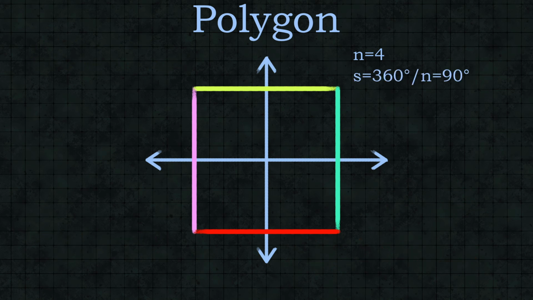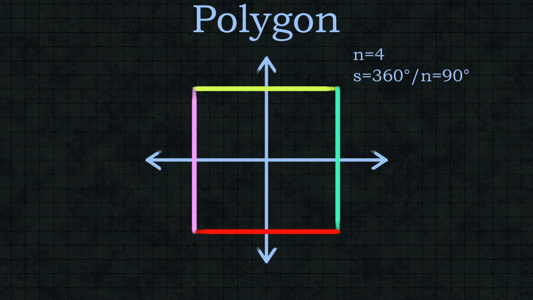The first step is to figure out how much angle is swept by each side of the polygon. So for the square, n equals 4, and it sweeps out an angle of 90 degrees. So I'll create a variable s, which equals 360 degrees divided by n, and in the case of the square, that'll be 90 degrees.